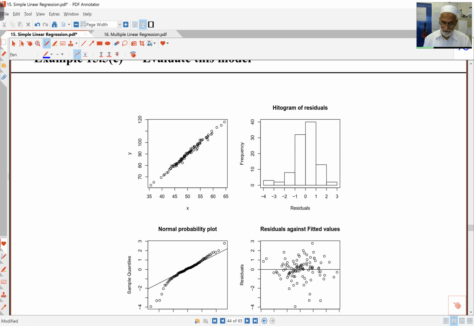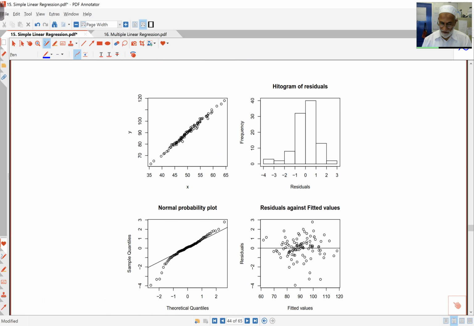Looking at the next one, what you find is that the linear plot is fine, the straight line plot seems okay, the linear model seems okay, but there's some problem with the histogram over here. It shows some skewness, so it might not be normal. The equal variance assumption is okay by and large.